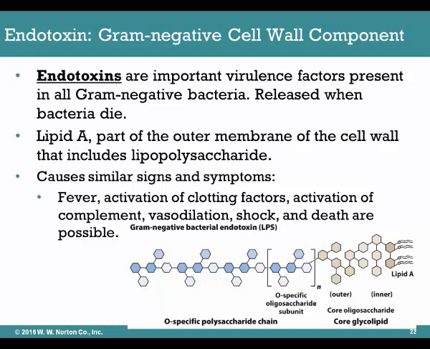leading to things like a dilation of the blood vessels, which can result in an opening of vessels that would result in a rapid drop in your blood pressure. Endotoxic shock is usually the last stage before death.